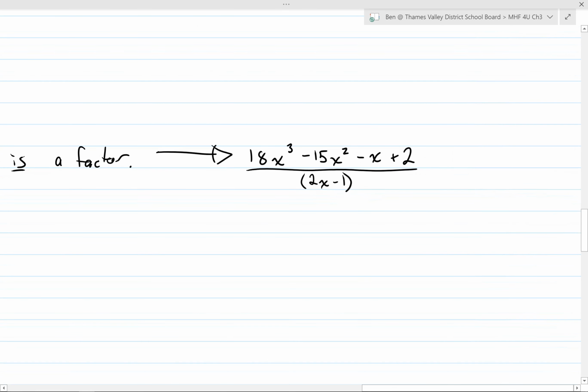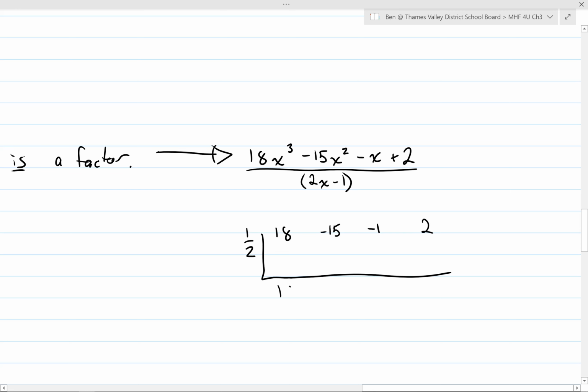And you should be able to handle this with our synthetic division. I'm working with, okay, so the root of my factor, I'm working with a 1 over 2 there. 18, negative 15, negative 1, and 2.